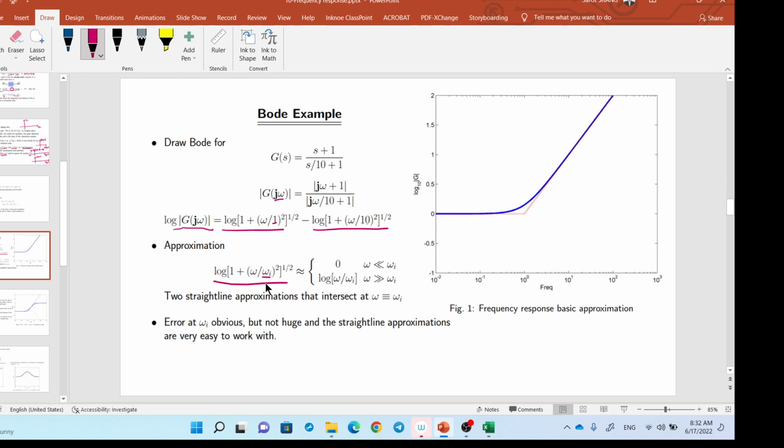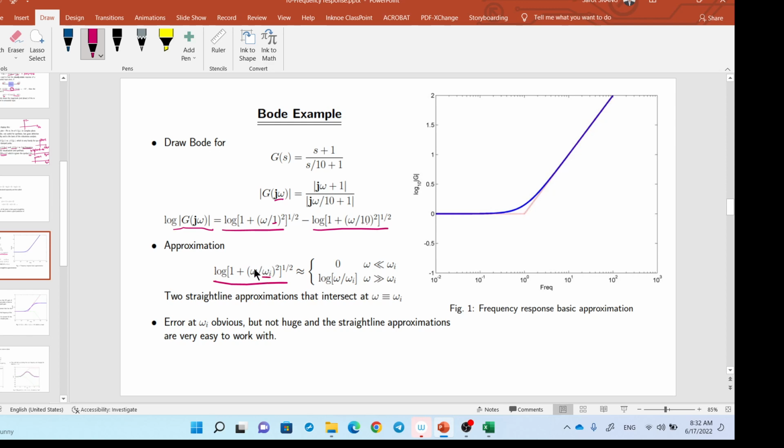So it's very interesting that in order to plot the log function, you just need to find the limit of this term close to 0 and this term close to infinity.